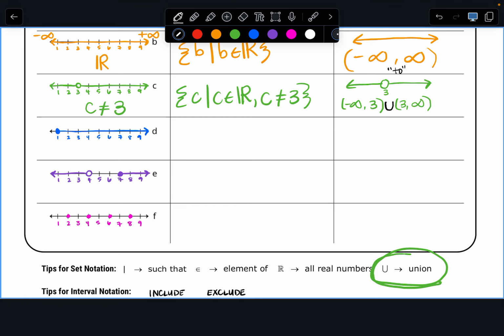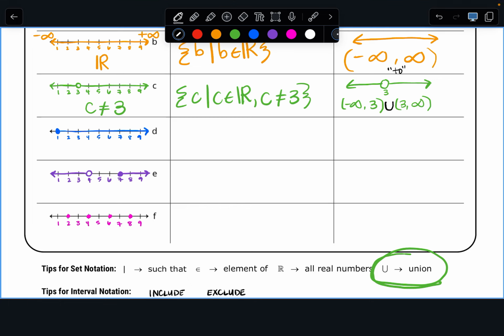Because technically this is one number line, it's just not including that singular value. Anytime you want to skip over a part, it doesn't necessarily have to be just one number, it can be a gap. Anytime you're doing that in interval notation, you're always going to include a U. And we'll talk about that once we get down to E.